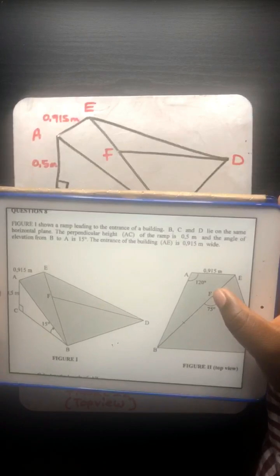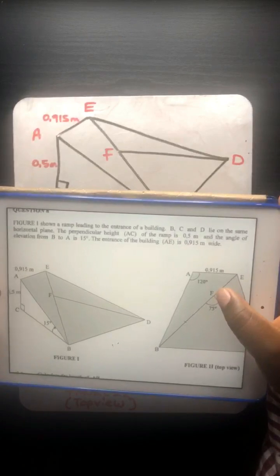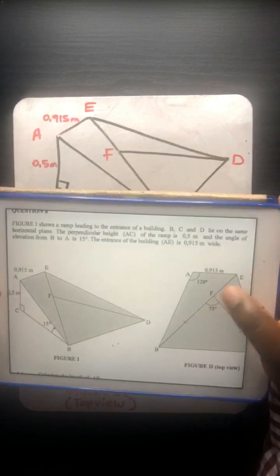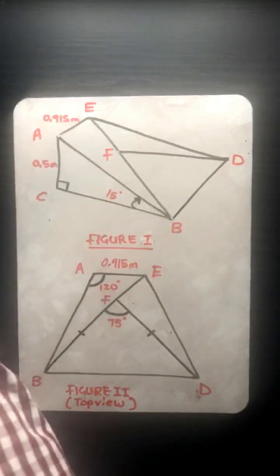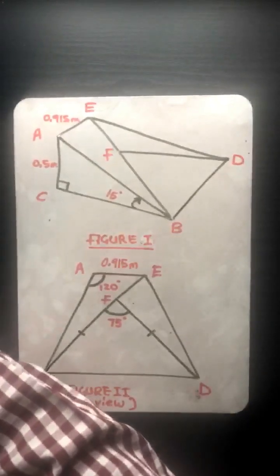The entrance of the building, AE, is 0.915 meters wide. Maybe for the last time, let me quickly read this while having a sketch there.